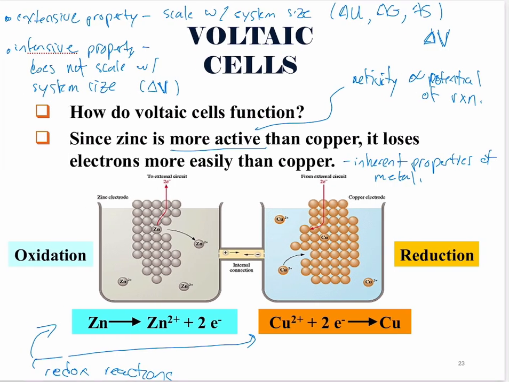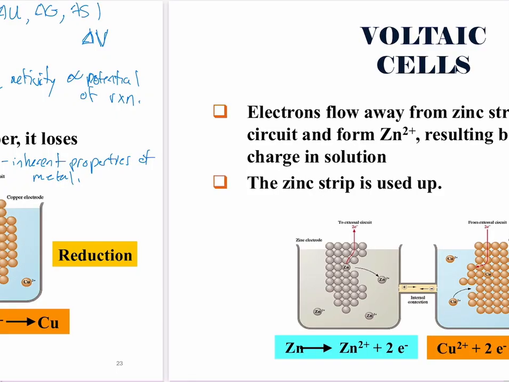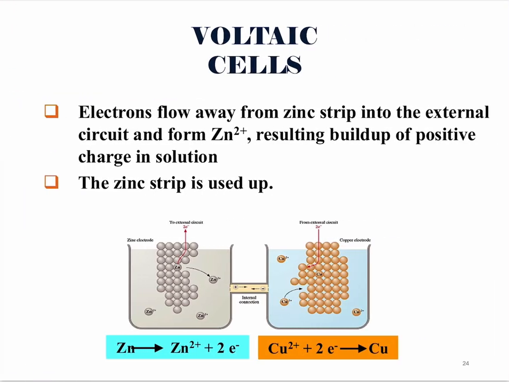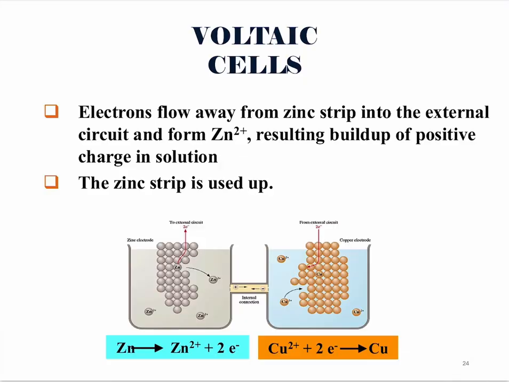And so because each of these different electrodes are going to have different activities, in this case, it said the copper, I believe, right? It said the zinc is more active than the copper. That means that the oxidation reaction is going to happen at the anode, and then at the cathode, you're going to have the reduction reaction.